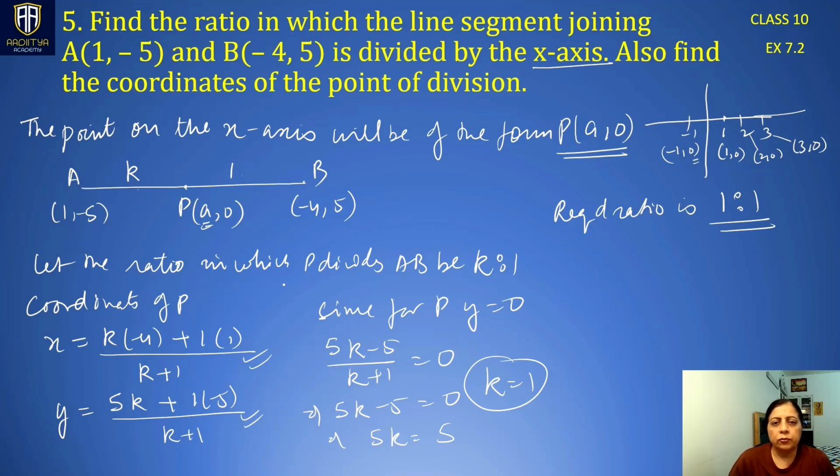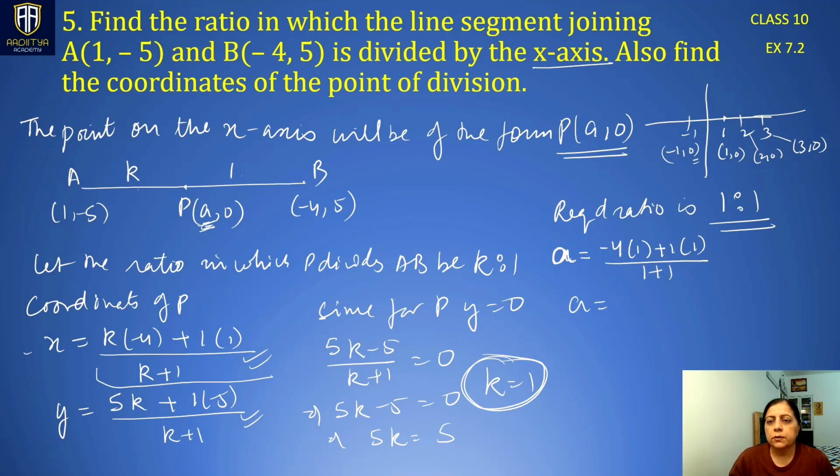Now I have to find the value of a. So I simply put this value of k in x. So x is equal to a, which is equal to this: minus 4 times k is 1, 1 times 1 upon k plus 1, which is 1 plus 1.